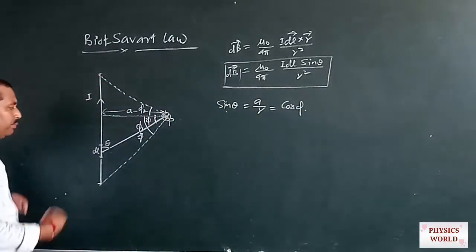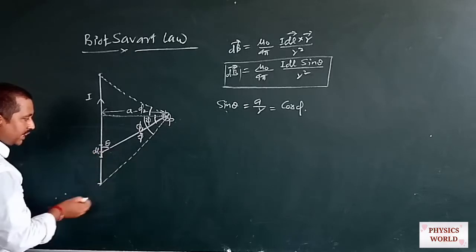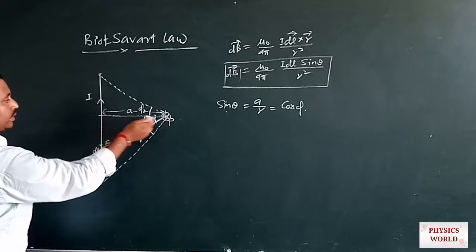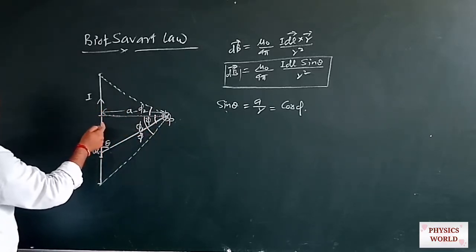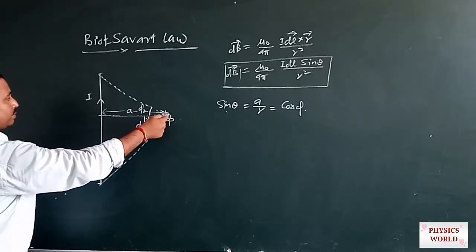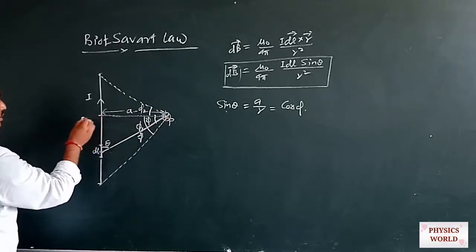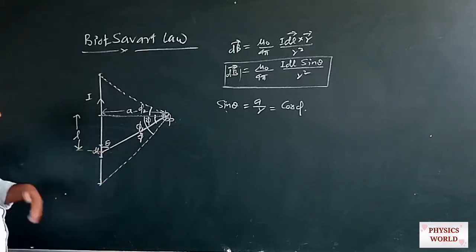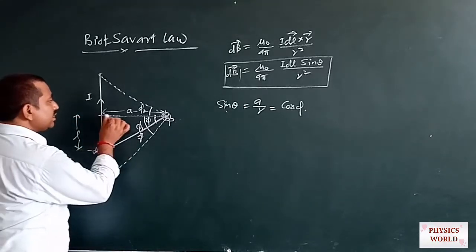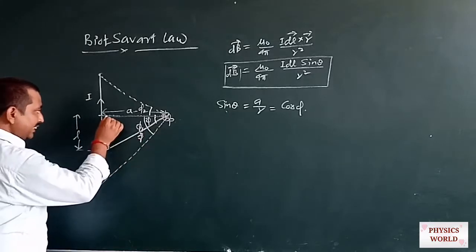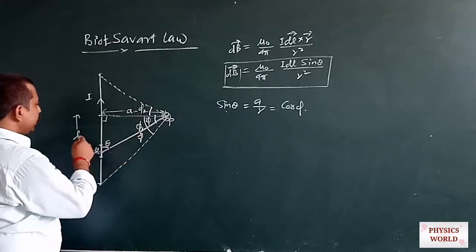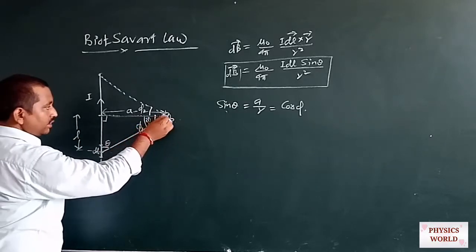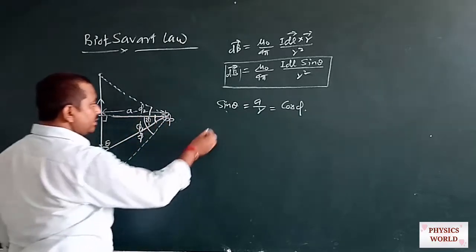So if we assume that the point where the perpendicular drawn from P intersects the conductor, and the distance of the current element from it is l, then in this right angle triangle, what will be the value of tan of phi?